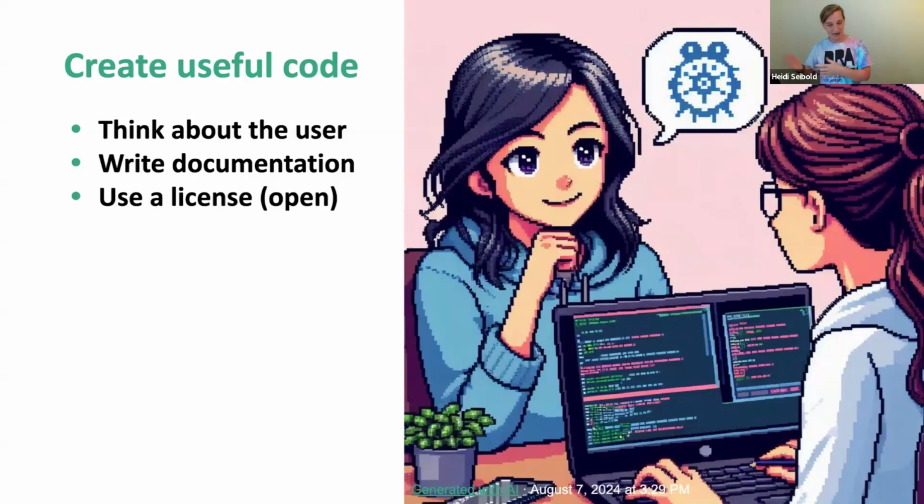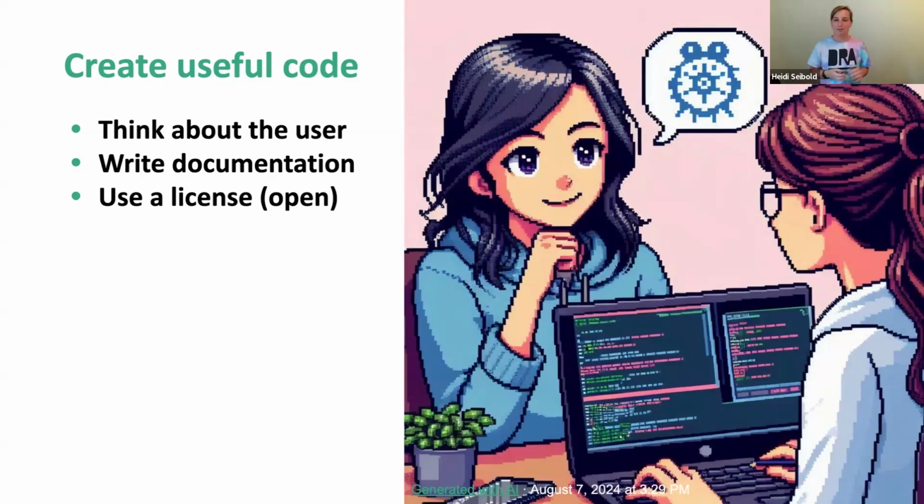Probably not, or oftentimes not. Oftentimes it's going to be researchers or other applied people, right? So think about those users. What do they know? What do they struggle with? And when you create the code or the documentation, think about what they need to really be able to use the code.